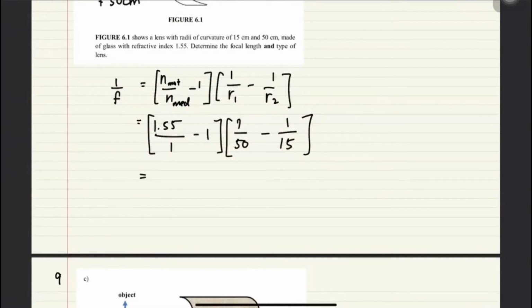So this one, 1.55 minus 1, times 1 over 50 minus 1 over 50, 1 over that one. I got here F equals to 38.96. Ada negatif kan? Ya, ada negatif dia. Okay, kamu boleh reset juga lah. Focal length.